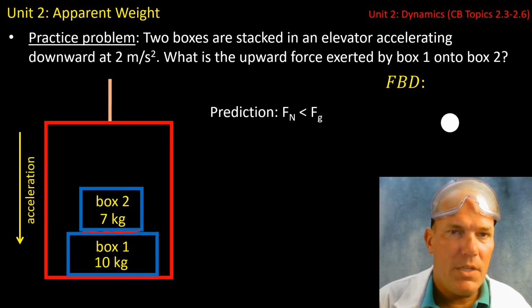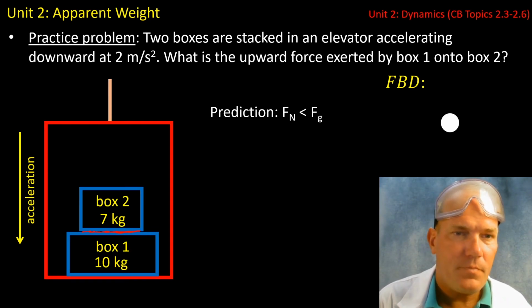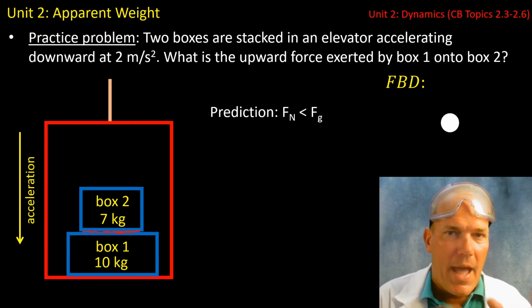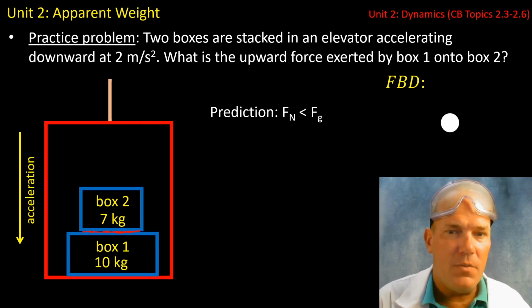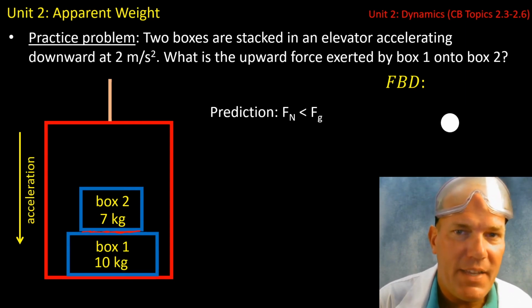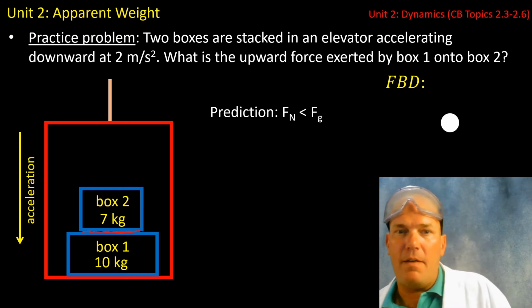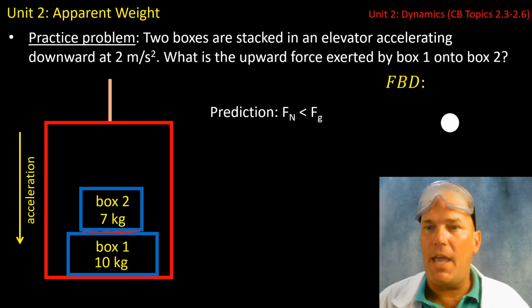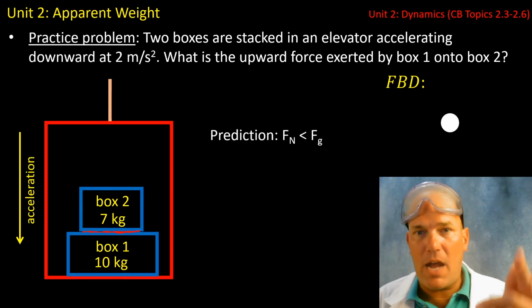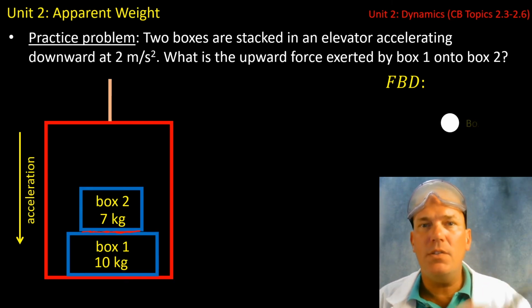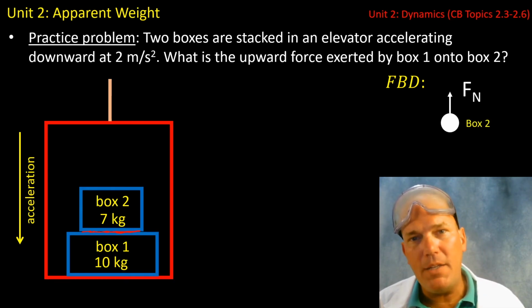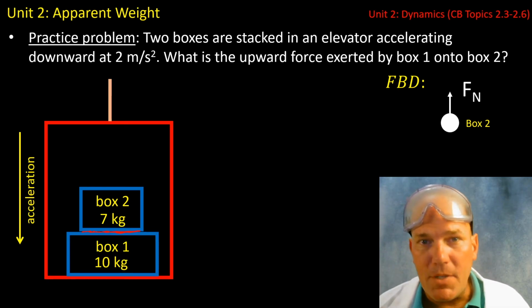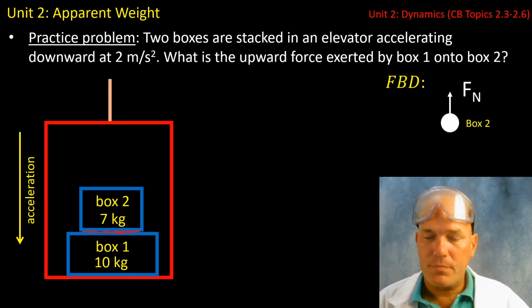Let's go ahead and start by making a prediction. The acceleration is downward. It's in the same direction as little g. Therefore, I should get a value for force normal that is less than the force of gravity. And again, we're looking at box 2 as our object. Let's go ahead and do our free body diagram for this object, box 2.